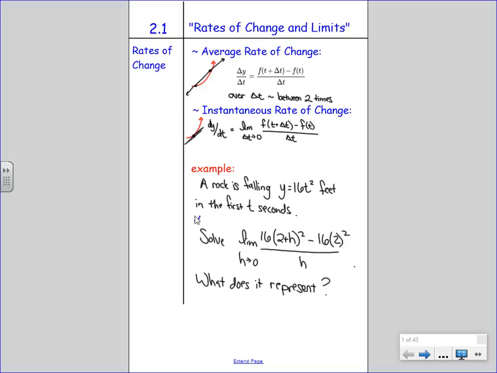So we're plugging in 0? h is approaching 0, not the t value. The t value is 2. Oh, the t value's 2. That's why. Because it's x plus h. I see it now.